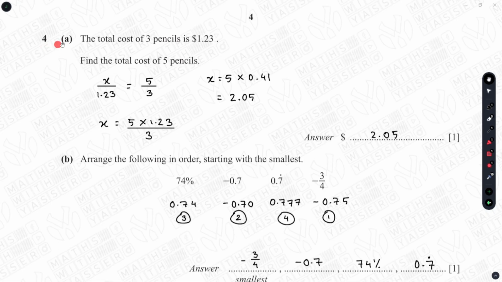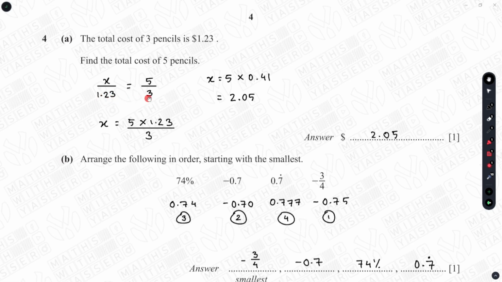Question number 4. The total cost of 3 pencils is $1.23. Find the total cost of 5 pencils. So I'm considering the unknown value to be x, which is the total cost of 5 pencils, over 1.23, which is the cost of 3 pencils.